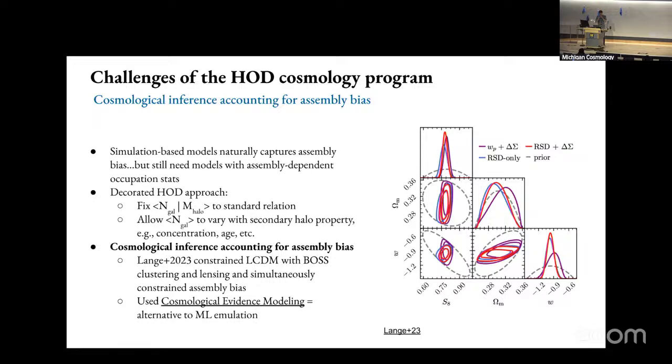Brief sidebar: Johannes has this very clever method for doing cosmological inference with a suite of boxes that doesn't actually ever build an emulator. Instead, at each box, you just run your MCMC to completion using nested sampling so that you can get the Bayesian evidence. And then in this box, you run your MCMC to completion. And in this box, and this box, and this box. And then you have the evidence, if you use nested sampling, as a function of cosmological parameters.